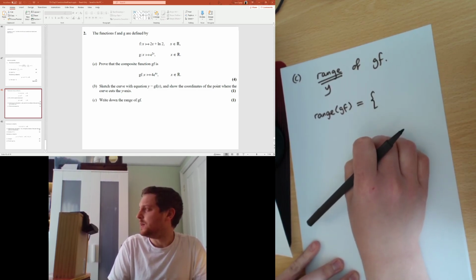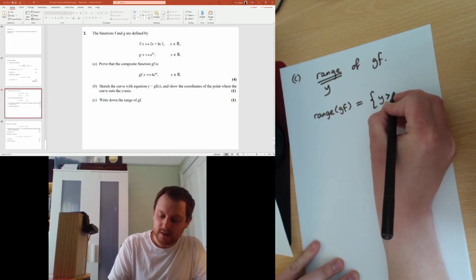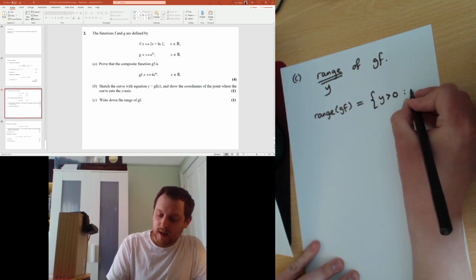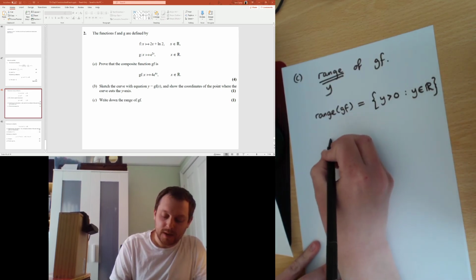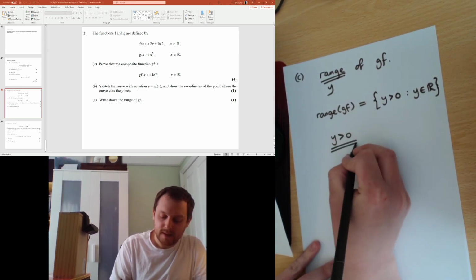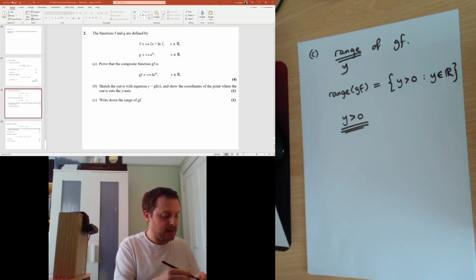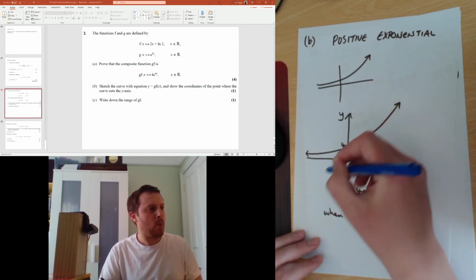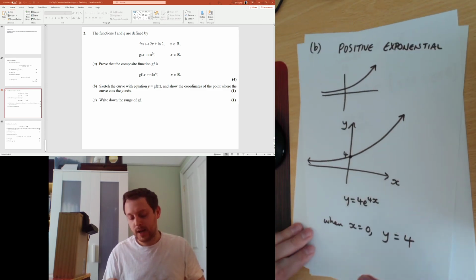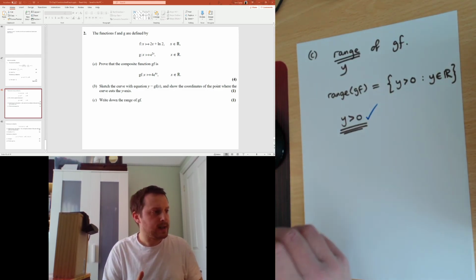It's all the y's greater than 0, so it's y greater than 0. I'm pretty sure that's the simplest way of doing it. It's all the possible outputs, so it's about y: y is anything greater than 0. Okay, right, that's the end of that one.